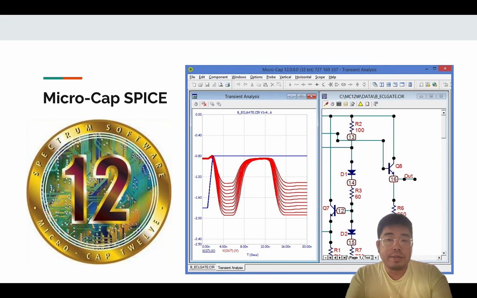Microcap SPICE is also one that is lesser known, based in Sunnyvale, California, and unfortunately the company shut down in 2019, but it is now free software to download. Version 12 and other versions are available, and there are several demo circuits that you can examine and tinker around with to understand how electronics works.